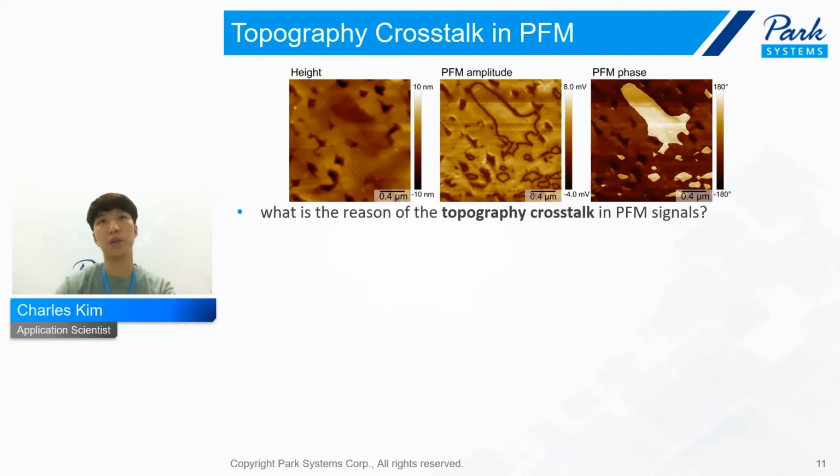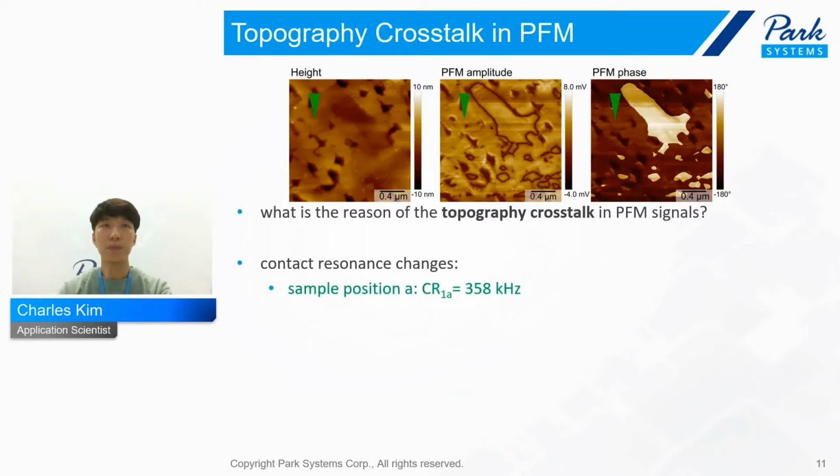Then why is there topography crosstalk? What is the reason? It is because the contact resonance is very sensitive to the surface condition. Condition means the roughness or the mechanical property, whatever. Previously we only got the contact resonance at a single position, as 420.